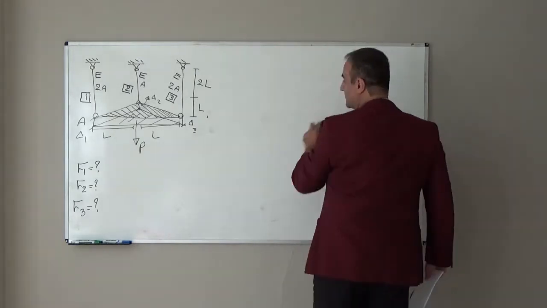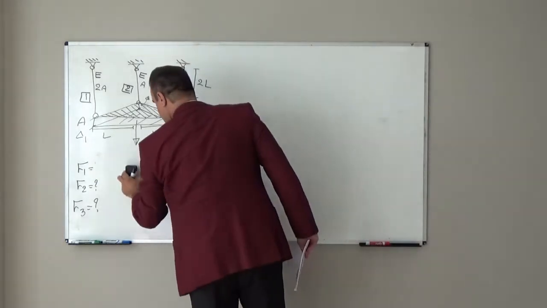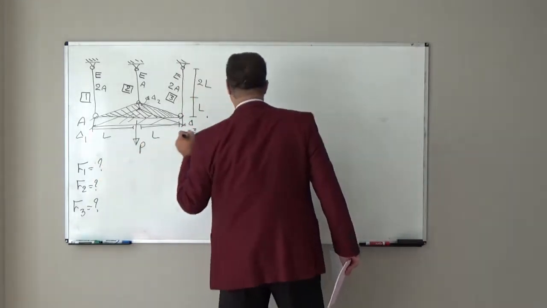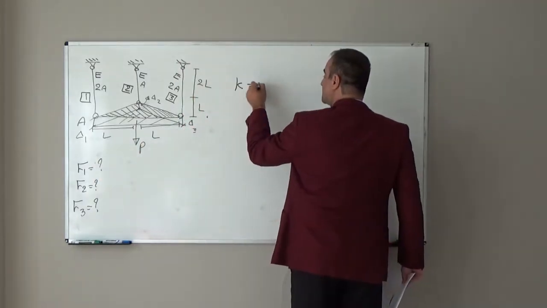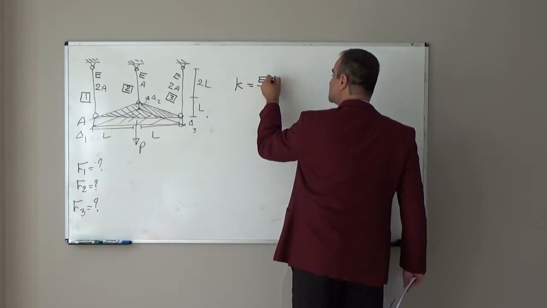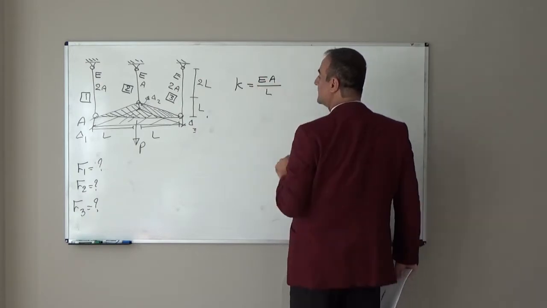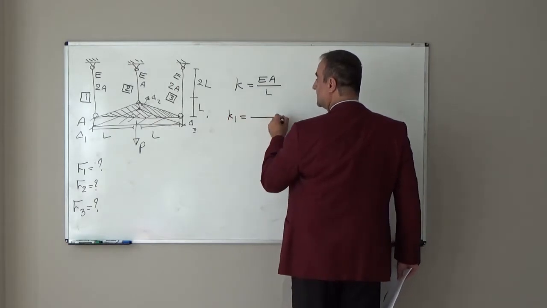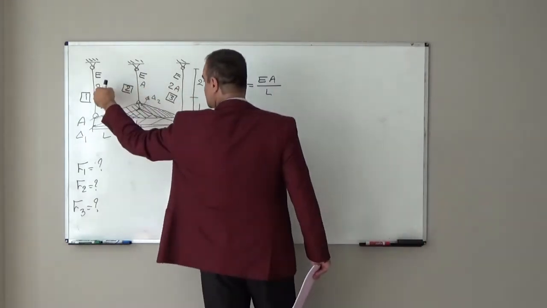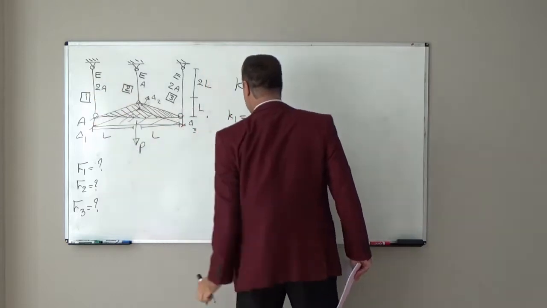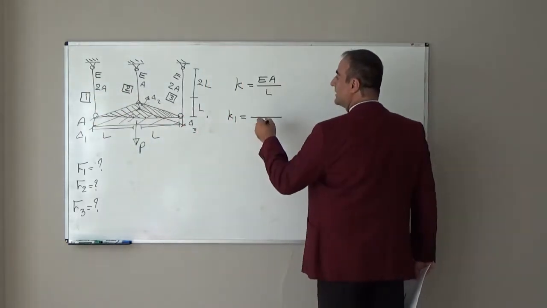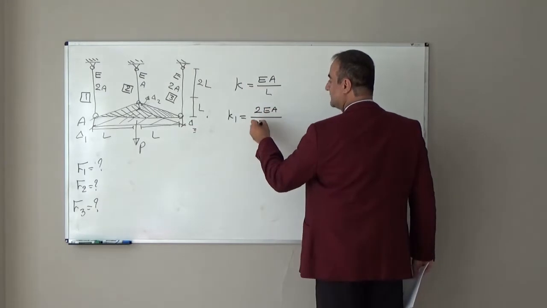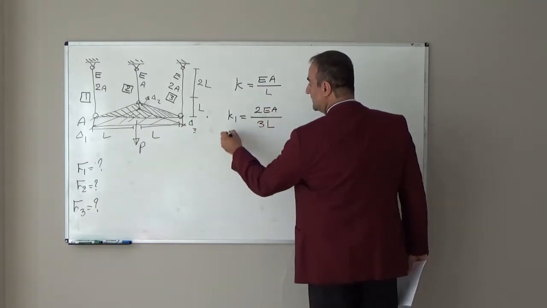Using the stiffness method, I will look at the axial stiffness of each member. The axial stiffness formula is Young modulus times area divided by length. For member number 1, Young modulus times 2A divided by 3L. So K1 will be 2EA divided by 3L.